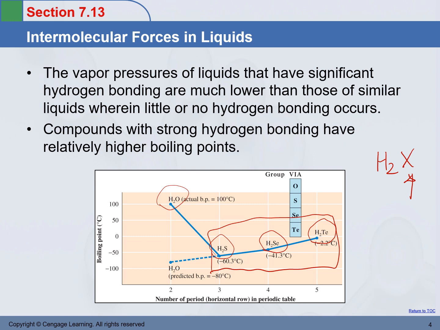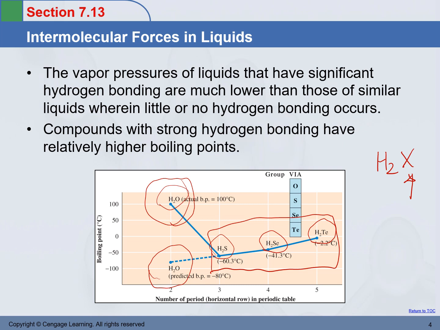Now, if this trend is kept, water should have a boiling point somewhere around negative 80 degrees Celsius-ish. However, not only did water's boiling point not follow this trend, but it is unusually high. It is 100 degrees Celsius.